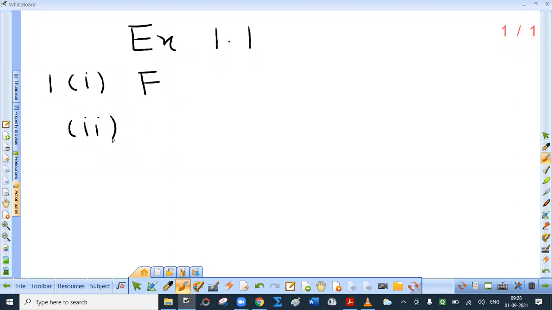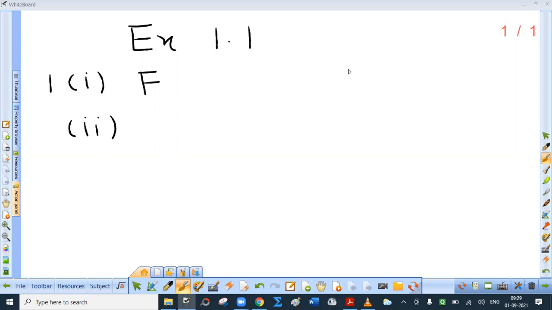If x is 11, it is false, but if x is 17, it is true. So we are going to call this an open sentence. Yes, it can be converted into a statement, but as it is, it is not a statement. So write down: it is an open sentence. Hence, it is not a statement.